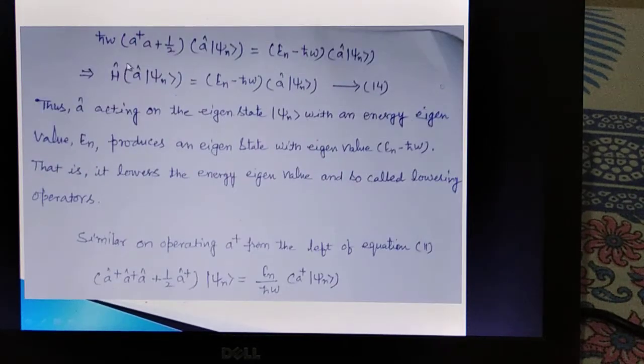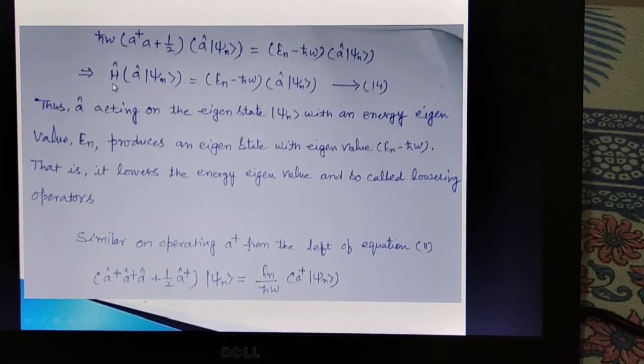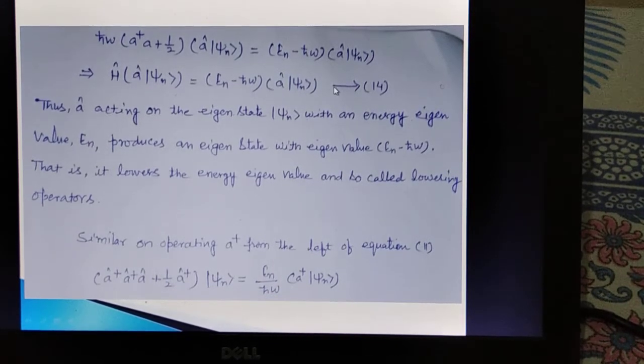And you see here, h cross omega (A dagger A plus half) A psi n equal to (En minus h cross omega) A psi n. And again, h cross omega (A dagger A plus half) equal to H. So you can write H A psi n equal to (En minus h cross omega) A psi n.